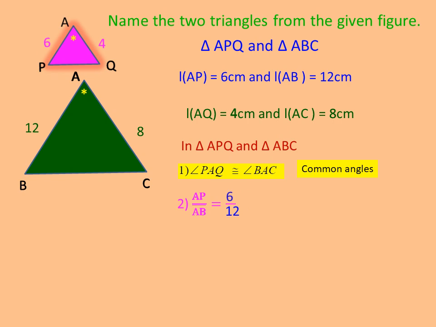So as you can see the value 6 upon 12, we can reduce them by 6 one time and 6 two times. Then substitution we have got, and equals to 1 upon 2. So that means they have given you the value of AP and AB. We found out the value ratio of AP upon AB.